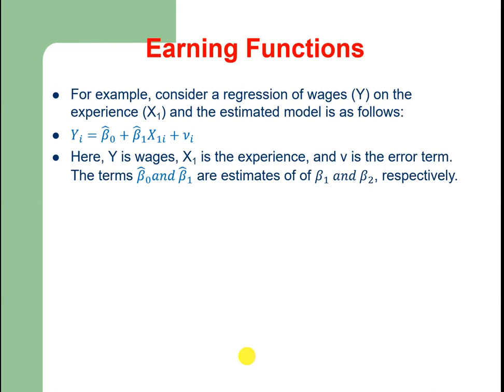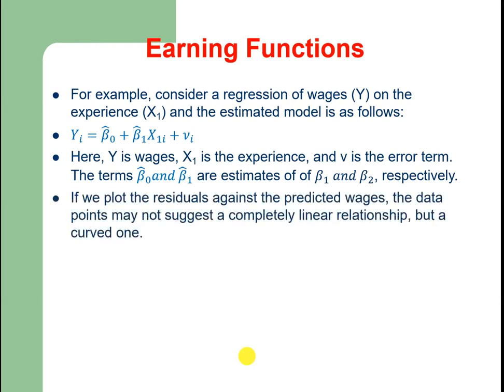The terms beta naught hat and beta 1 hat are estimates of the true population parameters beta 1 and beta 2 respectively. So beta naught hat and beta 1 hat are statistics based on the sample, whereas beta 1 and beta 2 are population parameters based on the population.